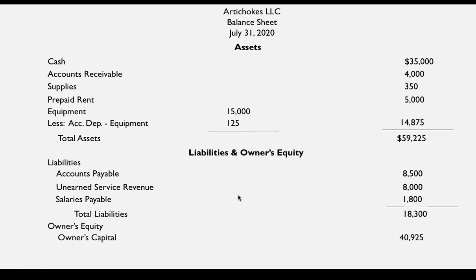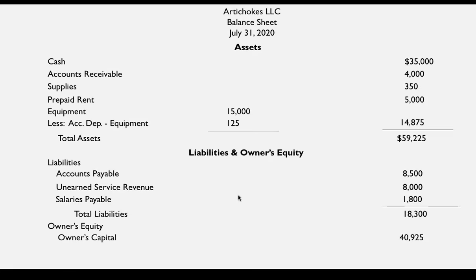If we took that $30,000 initial balance that we had on our adjusted trial balance, things wouldn't add up here on the balance sheet. So we're going to want to make sure that we take our owner's capital amount from the owner's equity statement. So we put that $40,925 there as the balance for owner's capital.